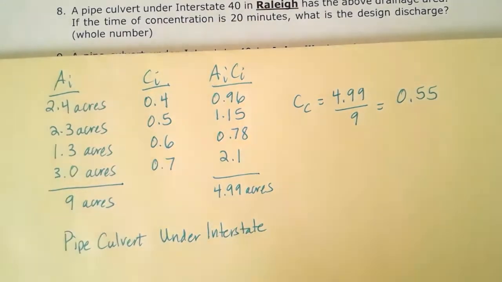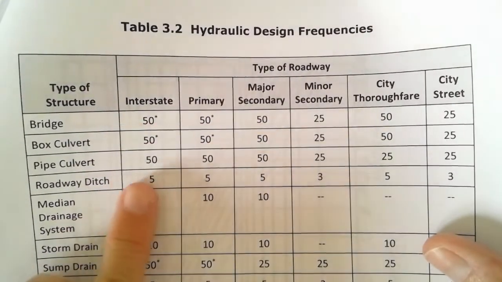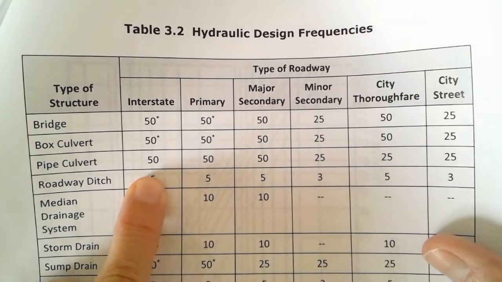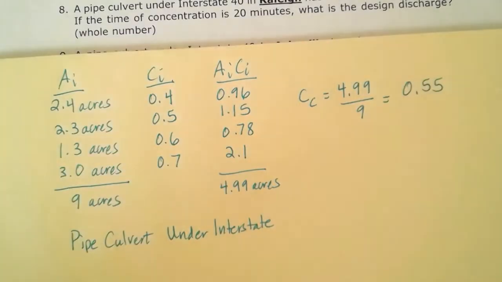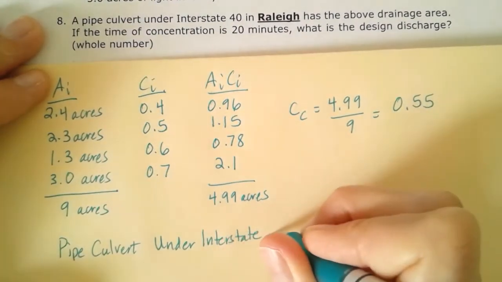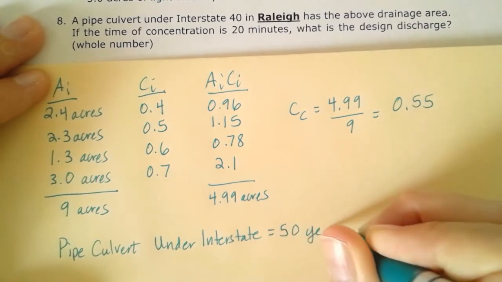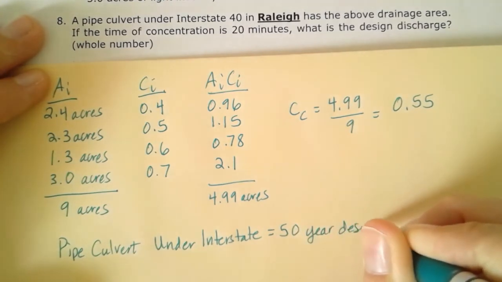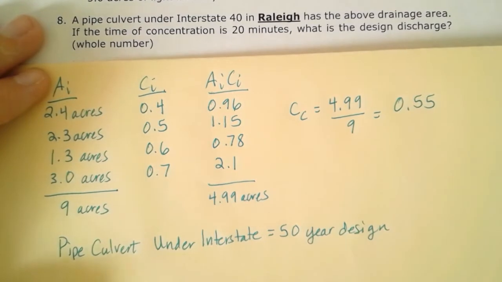So I'll go back to my table here that has all of that information, and I'll look at interstate, and then pipe culvert, and yeah, it is the 50-year storm, so that's going to be true for all of these problems. Problems 8, 9, and 10 are all based on that 50-year design because they're all pipe culverts under interstate.